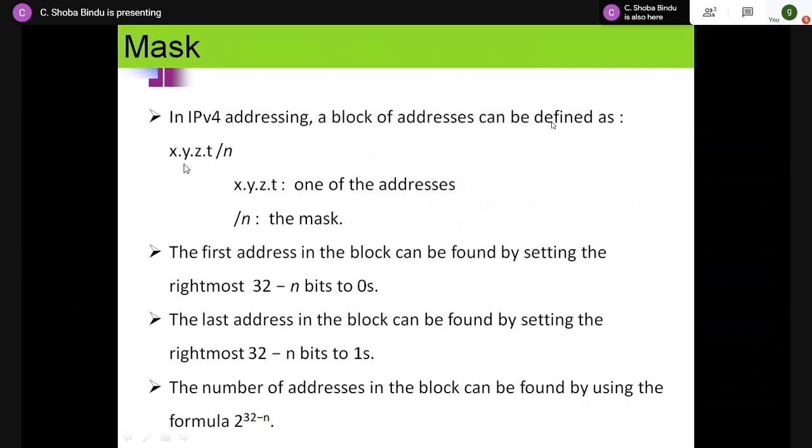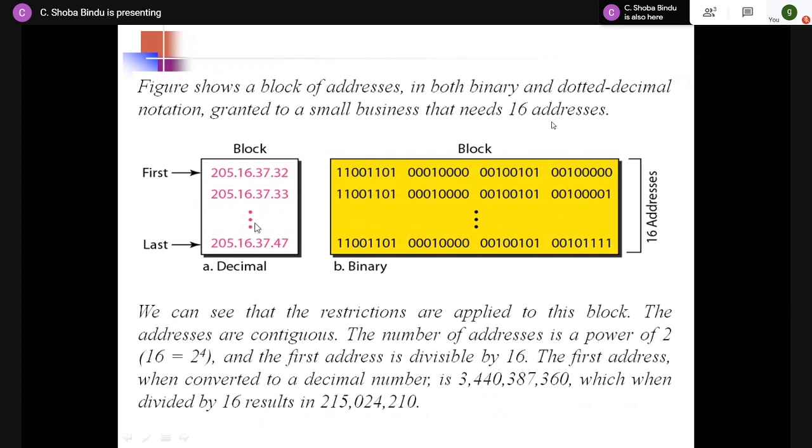So any address in this followed by a slash 26, then it represents the number of blocks. Sorry, I didn't mention this. 0, 0 as well as 1, 0 is also common in this. You just see, the difference is coming only in the last 4 bits, and hence the mask is slash 28.